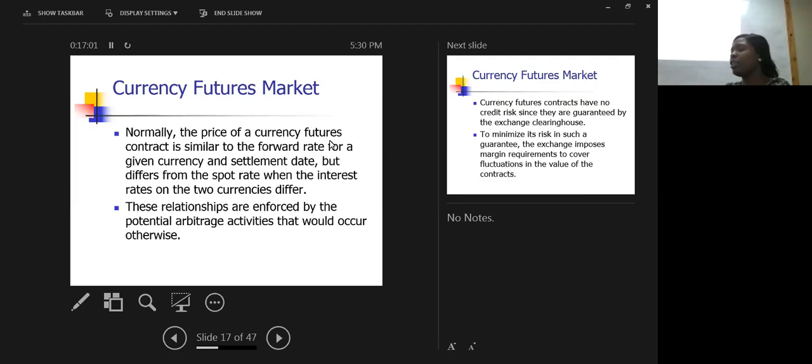With the forward, you do not have a mark to market. The forward is settled at expiration. The futures is marked to market, and if there are losses, we use the margin account, and if it goes down enough, you get a margin call. If there are gains, the person who is short pays the person who's long, and so forth.